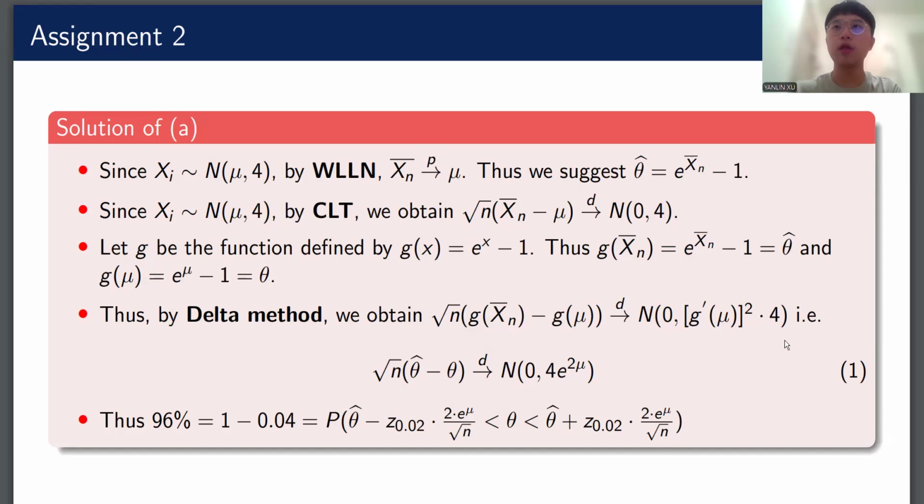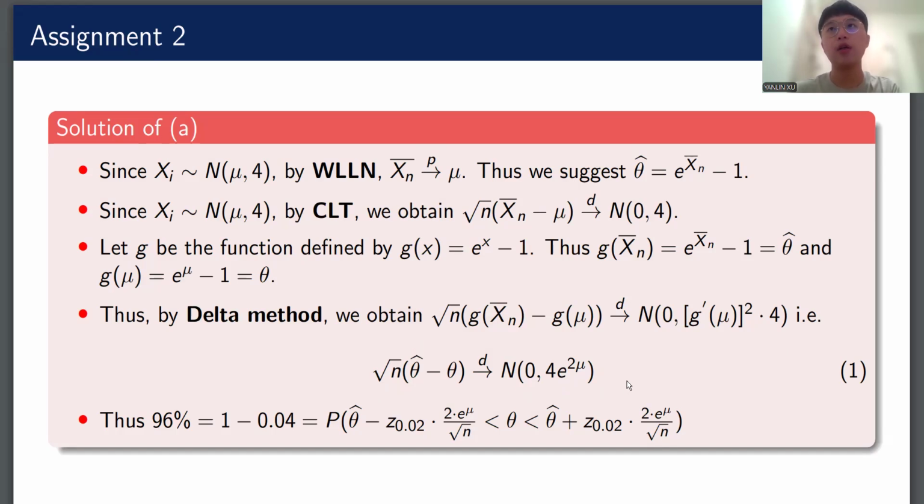And this result we can simplify to simply get that square root n times the estimator minus theta converges in distribution to a normal distribution.